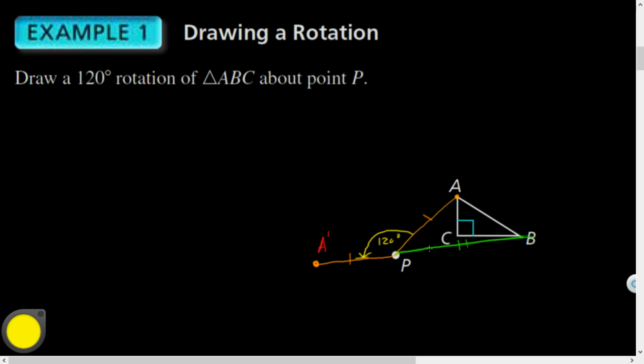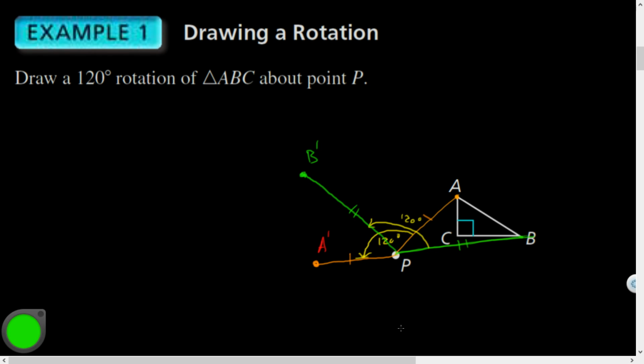Then I'd measure 120 degrees from there. The A prime is what I marked, because it's 120 degrees from this. Can you make the line from P to B? Yes.